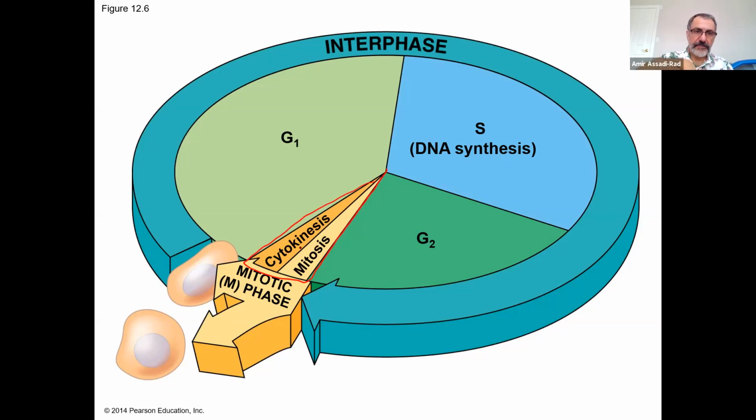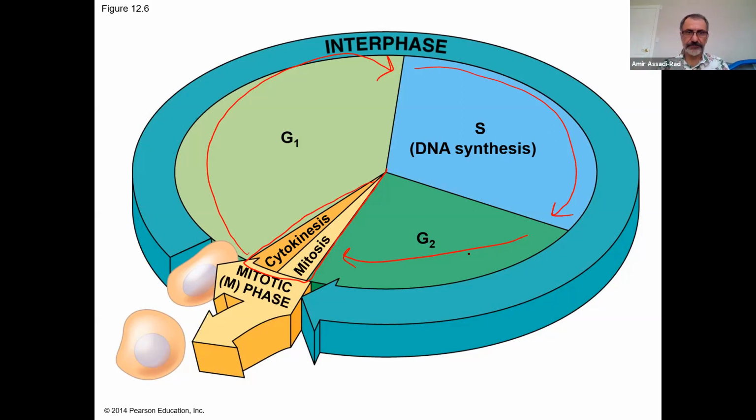There's probably 1 or 2 hours devoted to mitosis. Out of 12 hours, divided by 3, about 3 to 4 hours is G1, 3 to 4 hours is S, and 3 to 4 hours is G2.